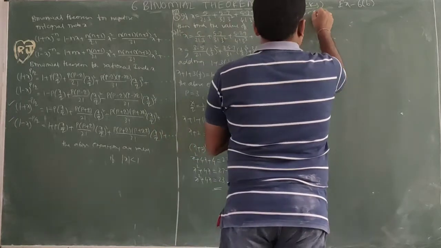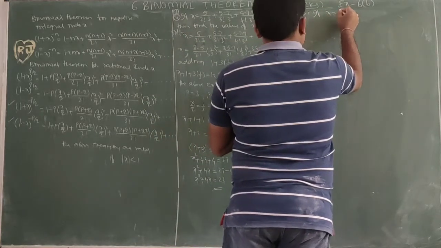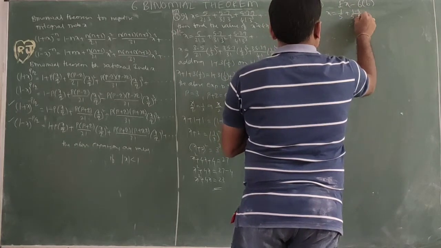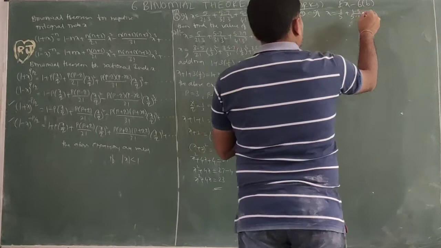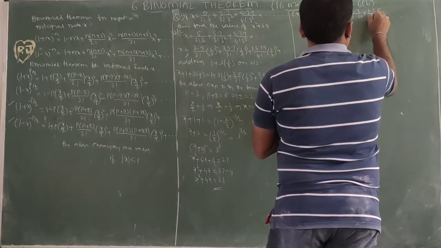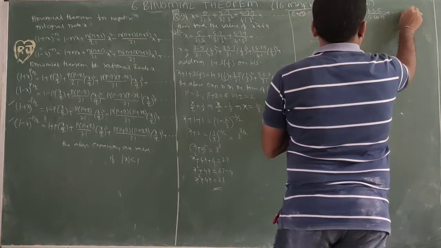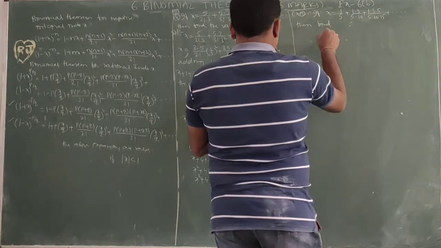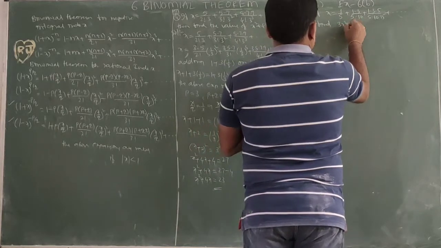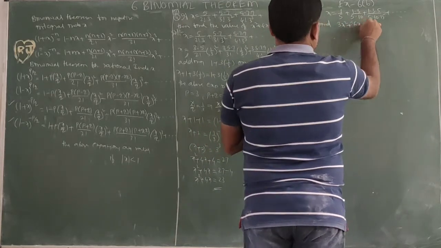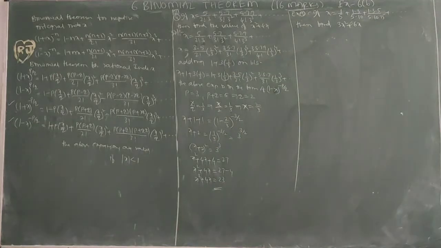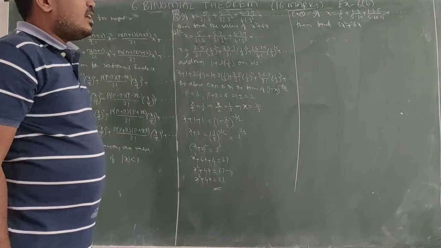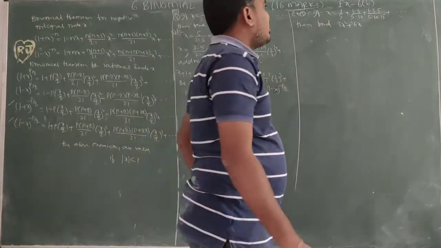If x equals 1 by 5 plus 1 into 3 by 5 into 10 plus 1 into 3 into 5 by 5, 10, 15 plus up to so on, then find 3x square plus 6x. 3x square plus 6x. Okay, now this is the question. We need to find out the solution.